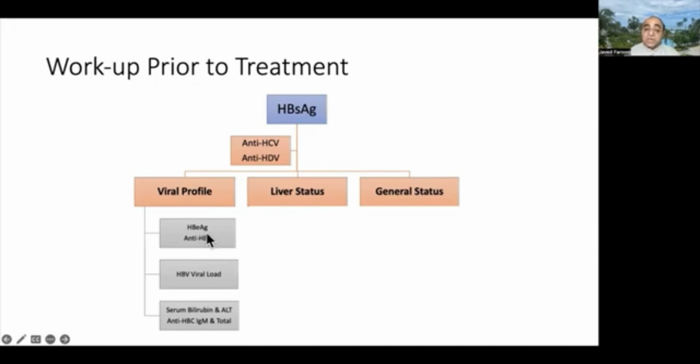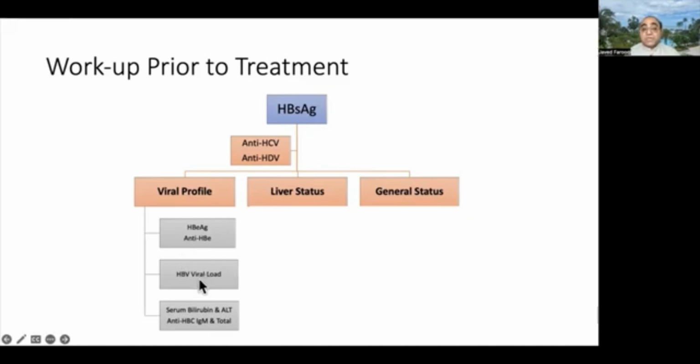Previously, these were called immune tolerant phase and immune reactive phase, respectively. And if HBe antigen negative, the patient may be in the HBe antigen negative infection or hepatitis. Previously, these were called immune control phase and immune escape phase, respectively.